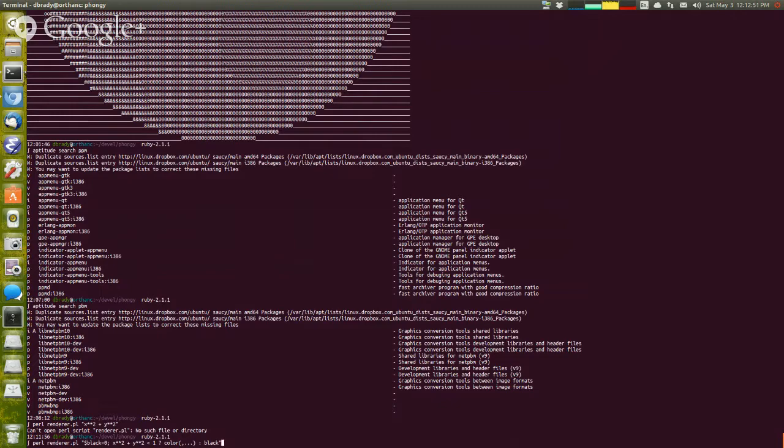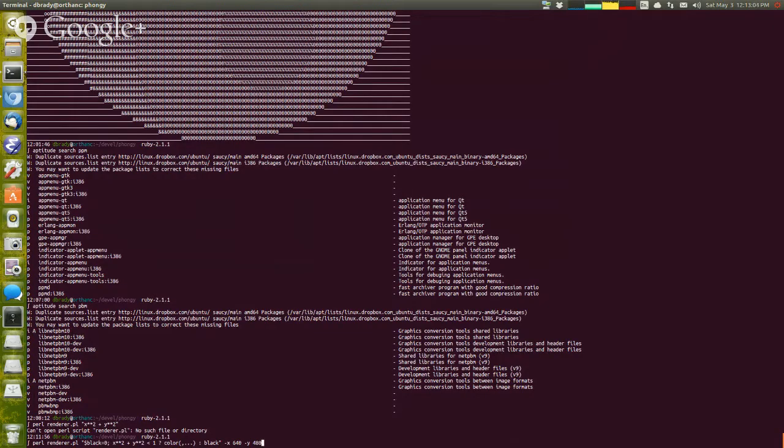Then you basically say x is 640 and y is 480. It would loop over 640 by 480 and pass x and y to your entire program that you entered at the command line, and it would render your entire scene.